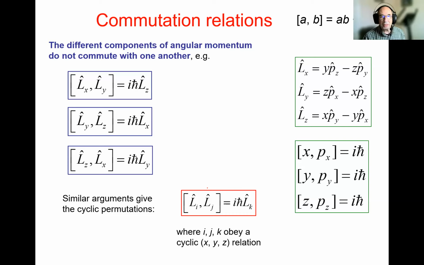The answer to that question comes from calculating what are called commutators. We need to take this product and act on the wave function and find out whether this action, say AB minus BA, or in this case LxLy minus LyLx, will give us 0, which would mean that we can measure these components simultaneously, or it will give us non-zero.